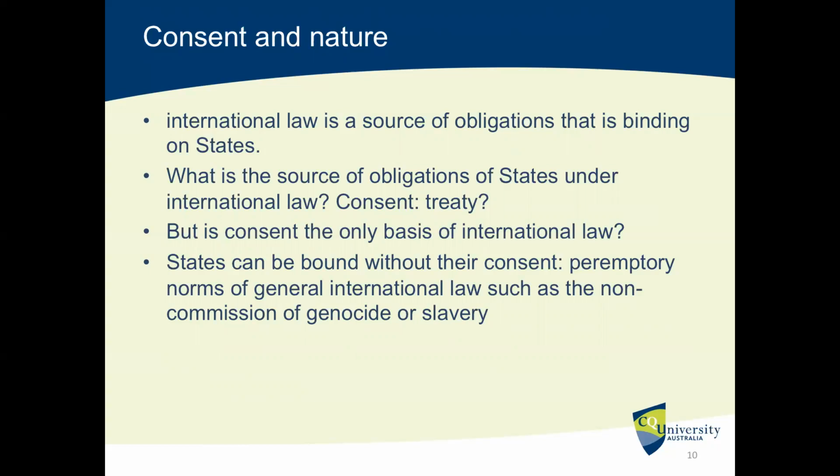So clearly we see that in that instance, the treaty as a source of international law or a source of international obligations of a state is based on the consent of a party state, which leads to the question of whether or not consent is the only basis of international law.